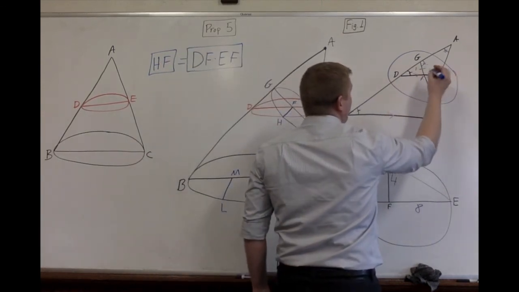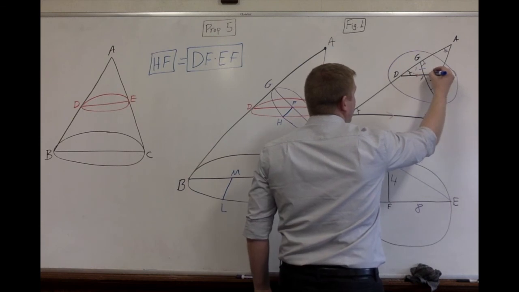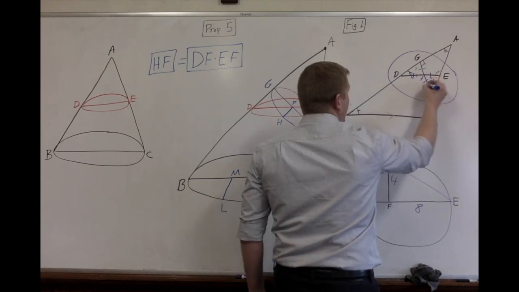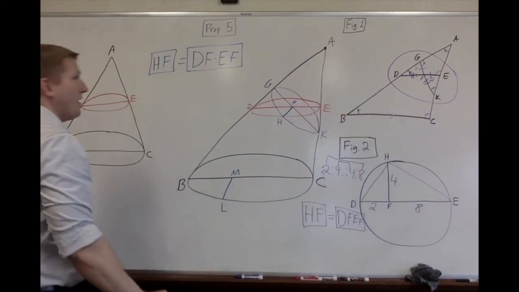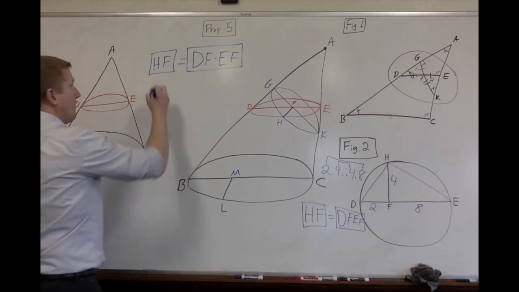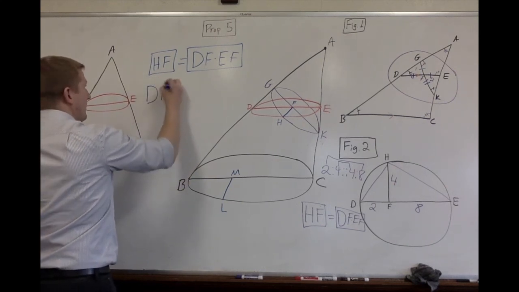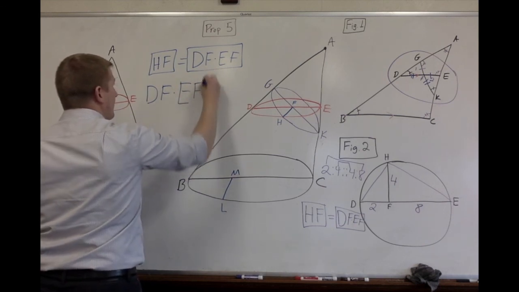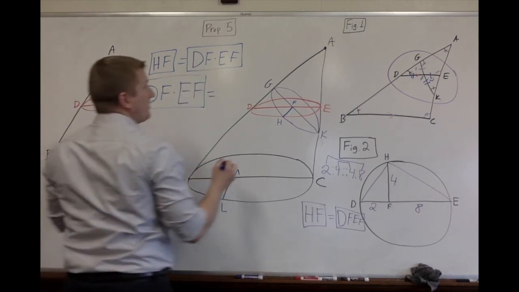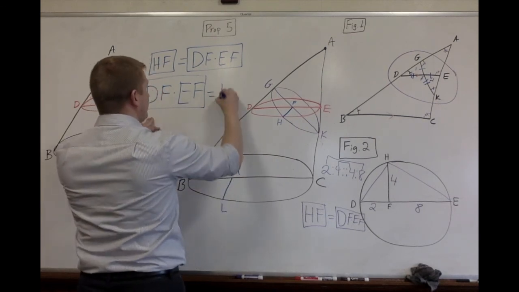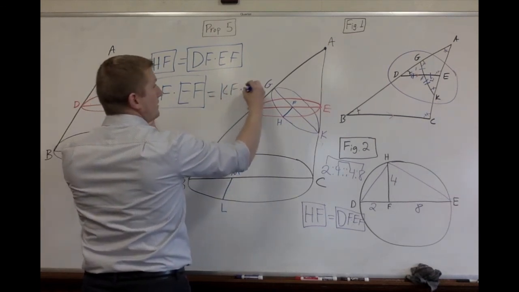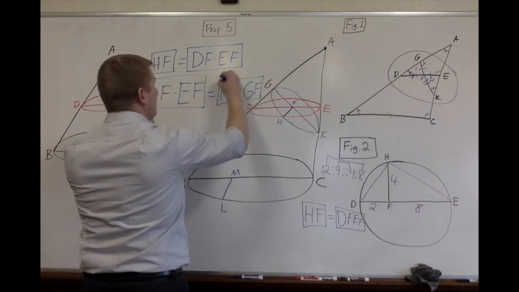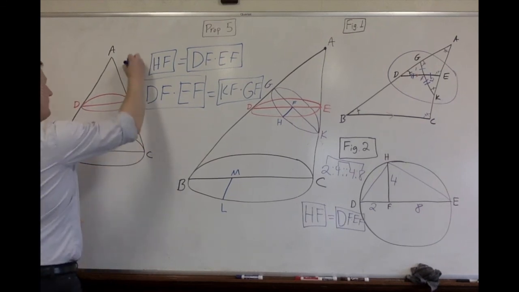GF is going to be equal to EF, and DF is going to be equal to KF. Therefore, a rectangle of DF and EF would be equal to a rectangle made up of the parts KF and GF. So this is kind of step one.